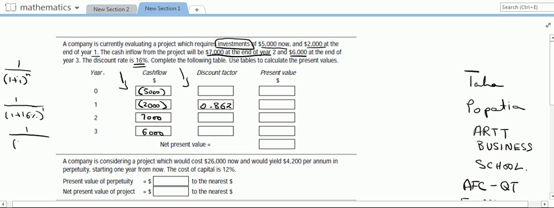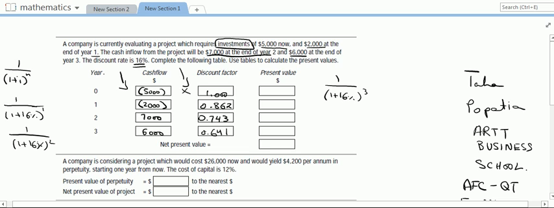And if you compute the second discount rate with 1 plus 16% power 2, it will be 1 divided by 1.16 power 2, which is 0.743. Third discount rate will be 1 divided by 1 plus 16% power 3, 1 divided by 1.16 power 3, and it is 0.641, and this is always 1.